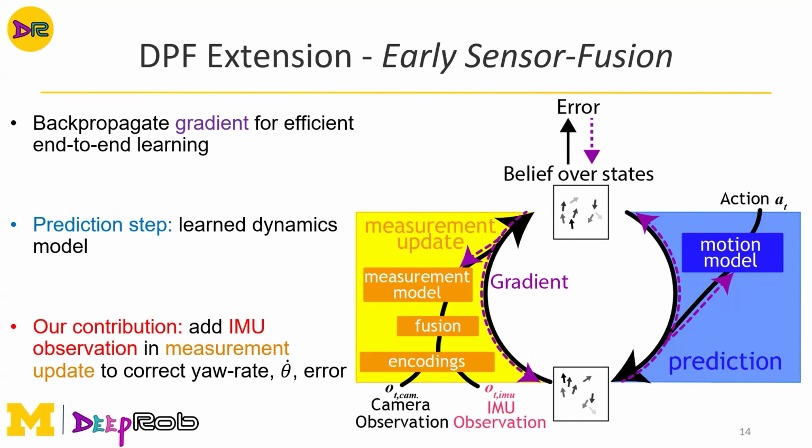In this example, we use a camera observation in the form of a difference image, as well as an IMU observation in the form of a gyroscopic rate measurement. However, observations can come in all sorts of shapes and sizes, and so this fusion layer melds the two in an optimal way before being passed to the measurement model. That fusion technique is also learned during the end-to-end training process.